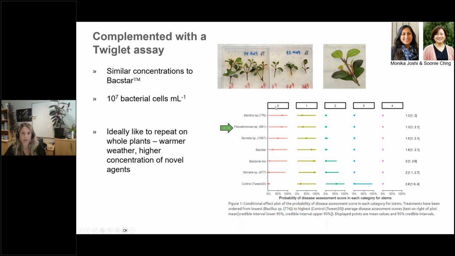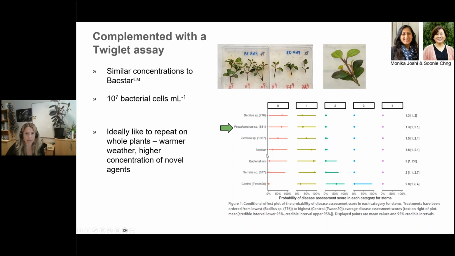The disease score across the top is 0 to 4, 4 being a high level of infection and 0 being no infection. And what you can see is that Bacillus species 776 had a high probability, probably about 75%, of giving a 0 score. So it was an isolate that helped protect against infection by Austropuccinia psidii.